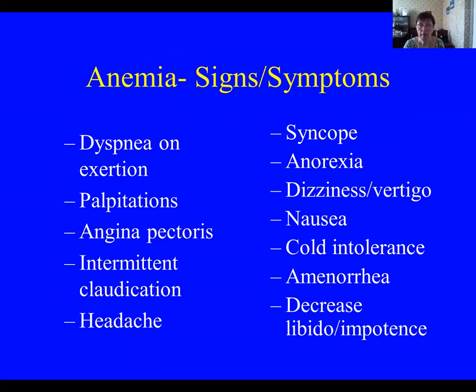So, when we begin to examine the patient with anemia, of course we start from the interview and from finding out symptoms.